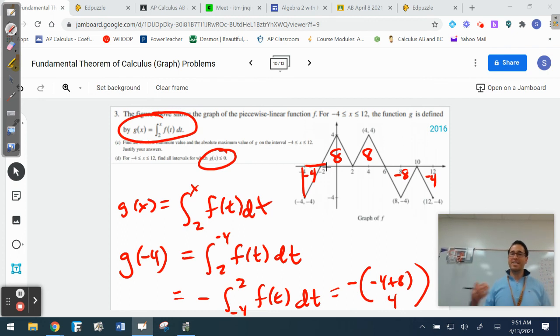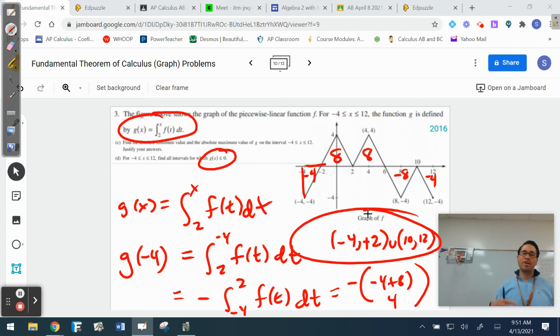So that's going to give me negative values. There's a lot to look at in this problem. But to get to the end story here, your G values will be negative from -4 until +2, union 10 to 12. And that's because I've got to account for all of that.